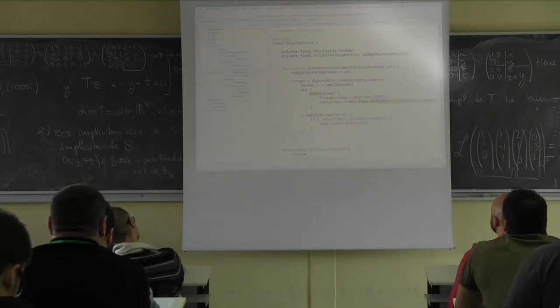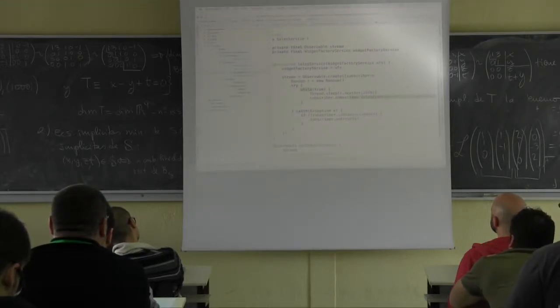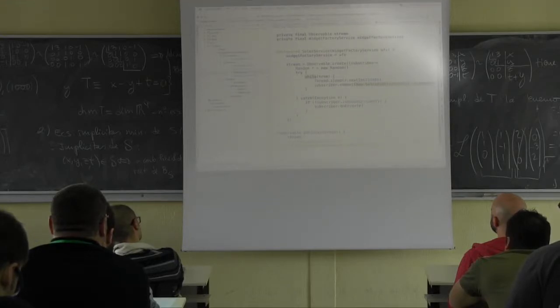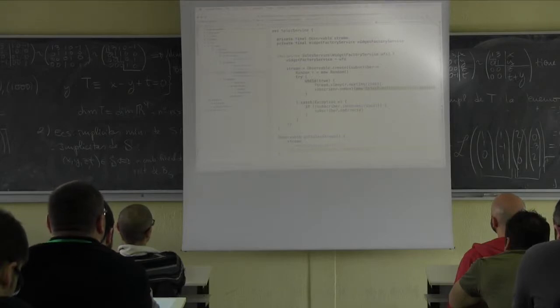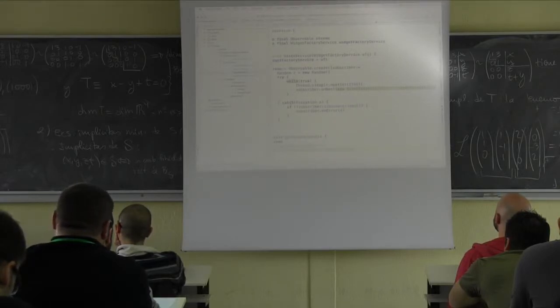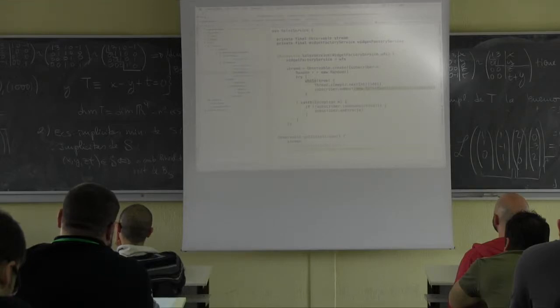So we have some products, and then we have this observable stream, which is every 2.5 seconds basically sending a sales event throughout my stream.